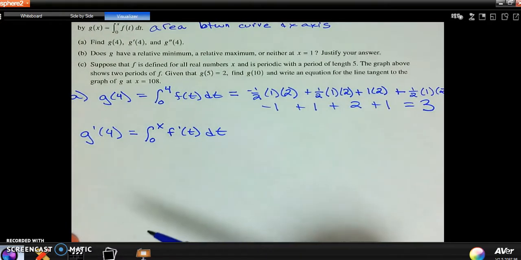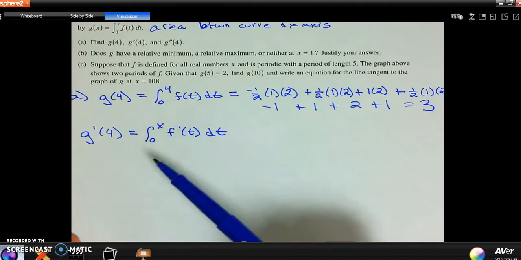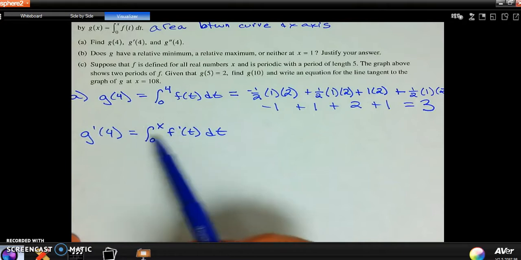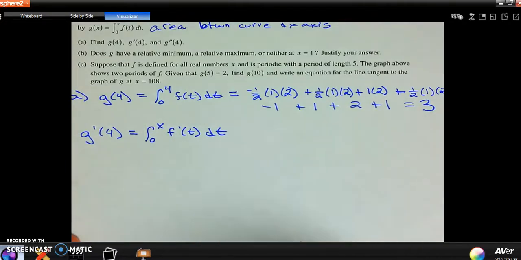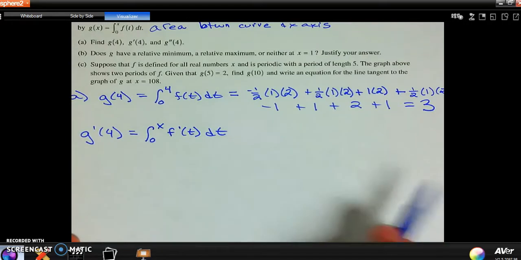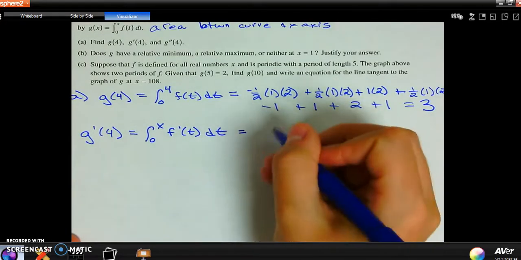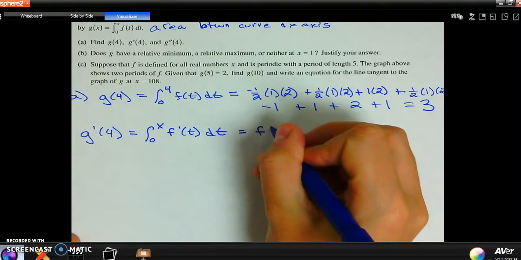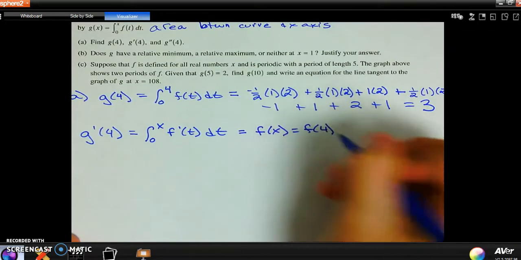Notice here your second fundamental theorem of calculus applies because you're going from a number to x. In this case, it's 0 to x. I don't need to do anything special because the order is correct, and this is going to an x, not an x squared or anything. So you're good there. So what's going to happen then is this is going to be f of x, which is basically going to be f of 4.